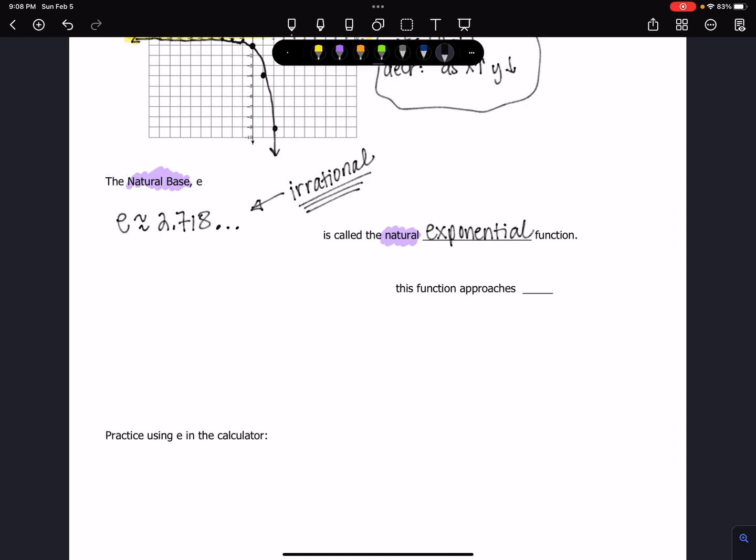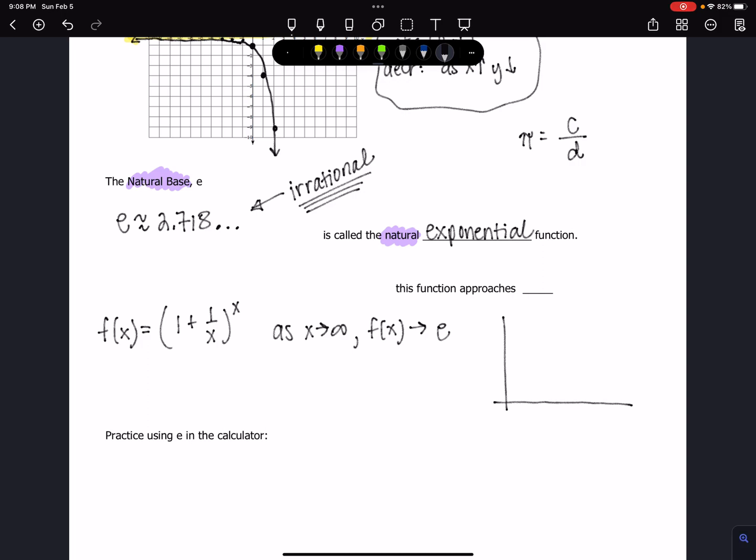And pi comes from the circumference of a circle divided by the diameter. E comes from being the horizontal asymptote of the function 1 plus 1 over x raised to the x power. So as x approaches infinity, f of x approaches the value of e, which is pretty interesting.